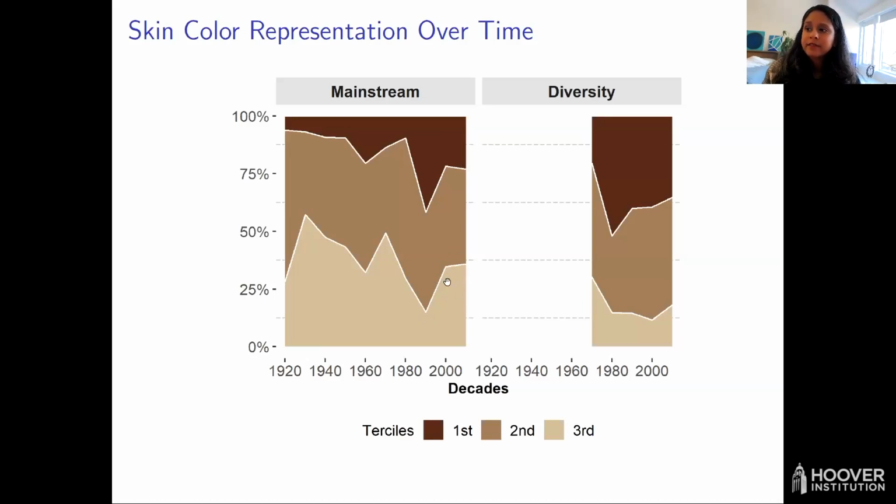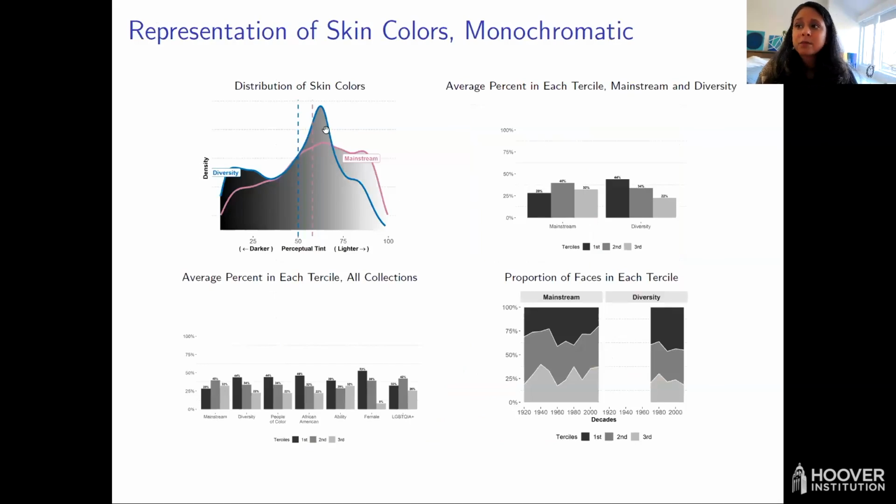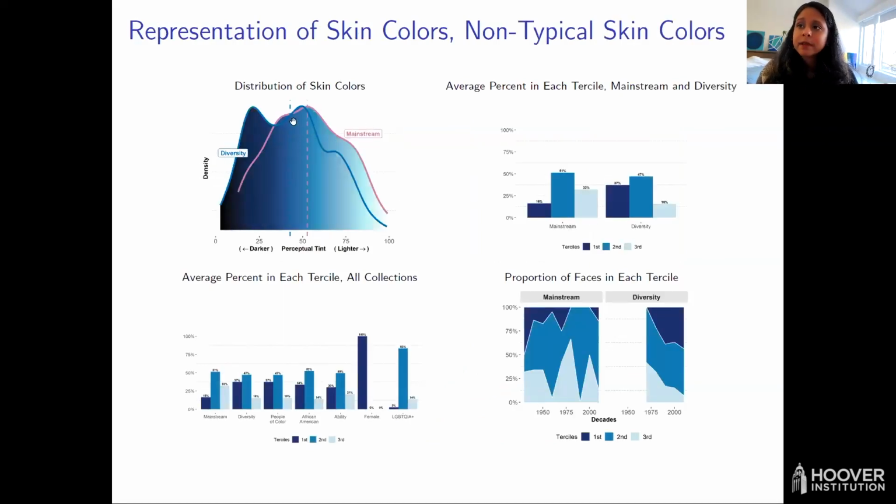And where they've kind of ended up is where the diversity collection started out in the 1970s. And remember that the diversity collection is truncated, or censored, in the 1970s because that's when the Coretta Scott King Awards first came on the scene. And then when we look at the patterns for monochromatic or non-typical, we actually see very similar patterns.